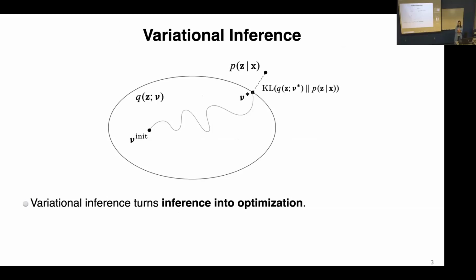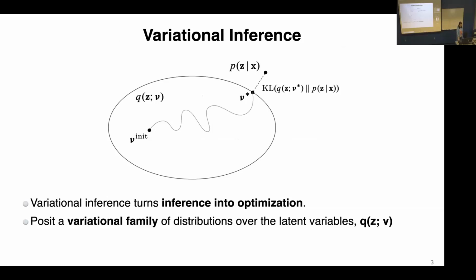Variational inference turns this posterior inference into an optimization problem. Concretely, instead of learning the explicit P(Z|X), we assume there exists a variational family of distributions Q(Z|V), where V is the unknown parameter that parameterizes this Q distribution.